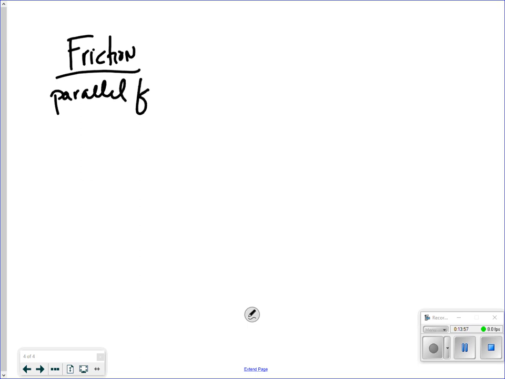Last one, and also quite important, is friction. And we'll spend some time specifically on friction in a bit. All right, this is a parallel force. It's a shearing force. Right? It's parallel between the two surfaces. I'm going to give you a formula here.